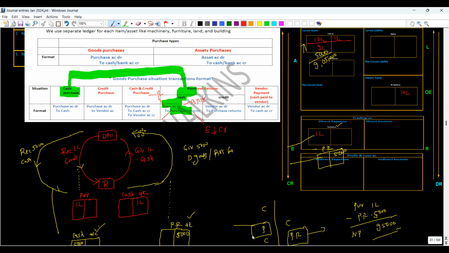Once try from your side. I'm giving a small assignment to you. Just think about what purchase return is. Is it a personal account, a real account, or a nominal account? Once try. In the same way, you can think about credit purchase return. What is that?